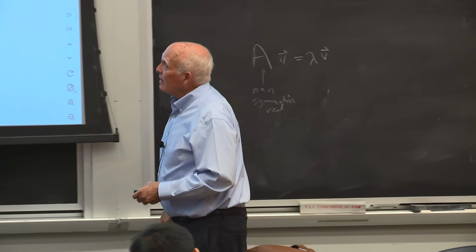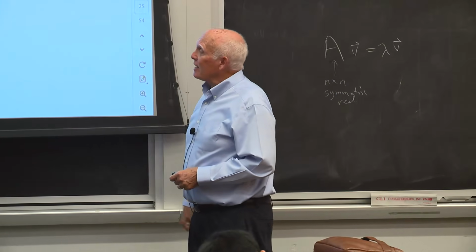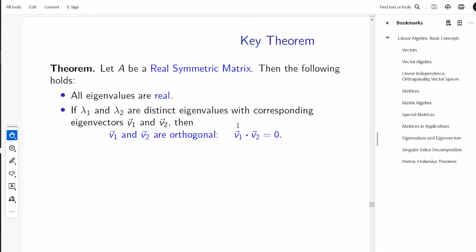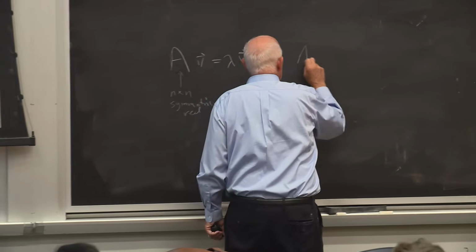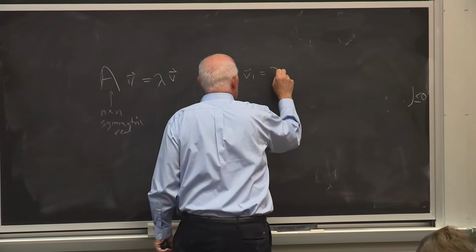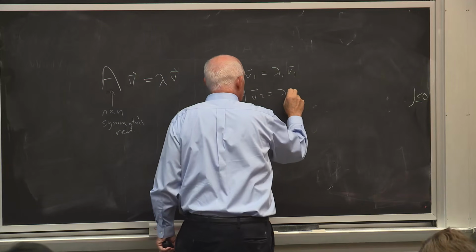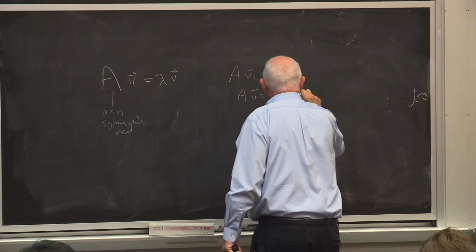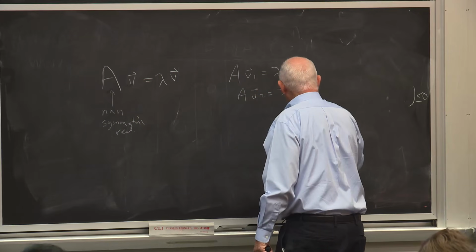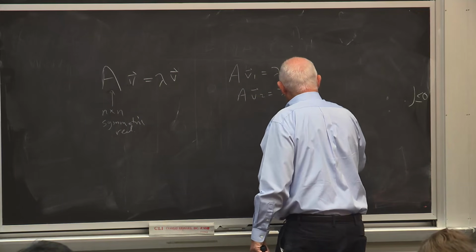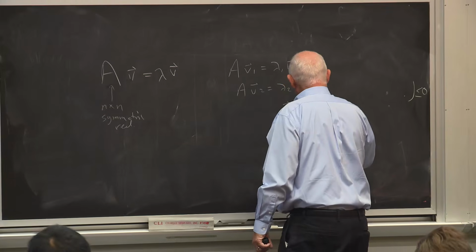And if we have two distinct eigenvalues, then the eigenvectors corresponding to those two eigenvalues are orthogonal to each other. So if we have A v1 equals lambda 1 v1 and A v2 equals lambda 2 v2, then it turns out that v1 dot v2 is equal to 0.